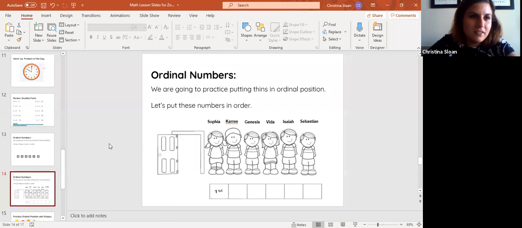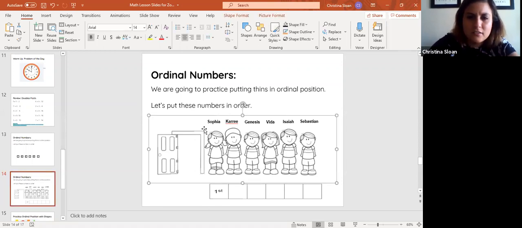So let me make sure I have everyone on Zoom. So I've got Sophia, Kari, Genesis, Vita, Isaiah, Sebastian. Let me add some more kiddos since we have a few more kiddos in our class today. Let's see, who am I missing? Skylette, I need to add Skylette.